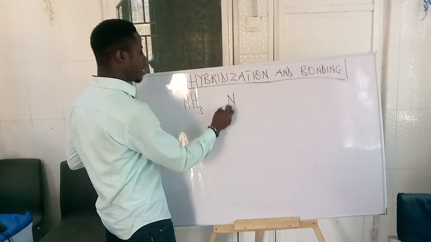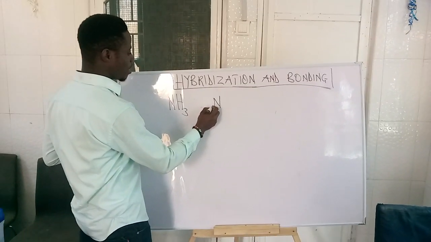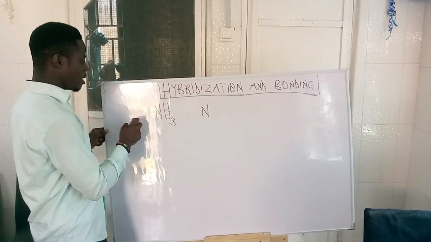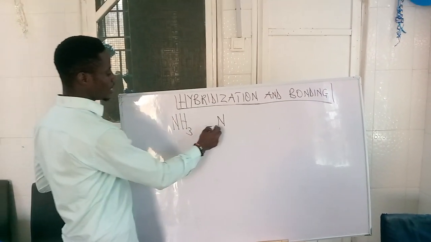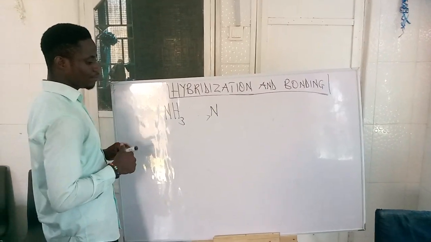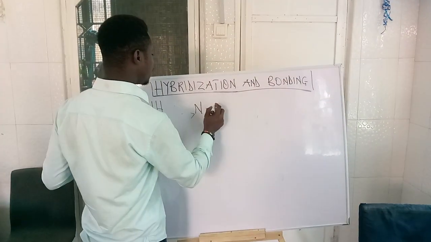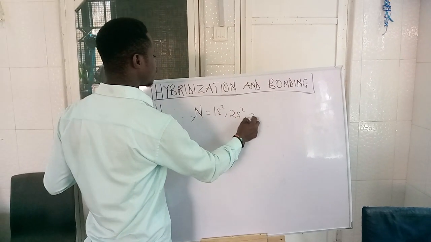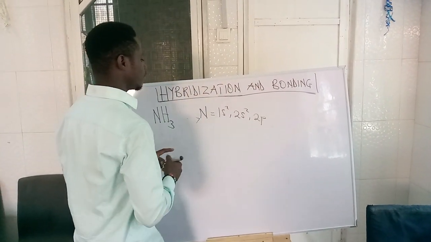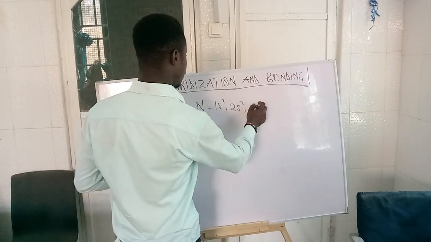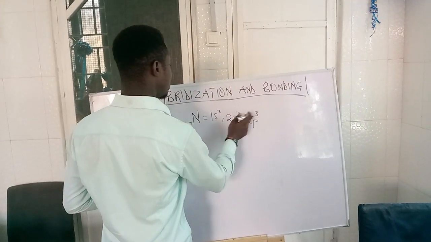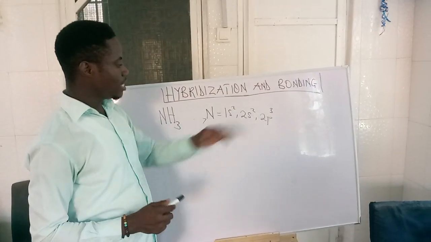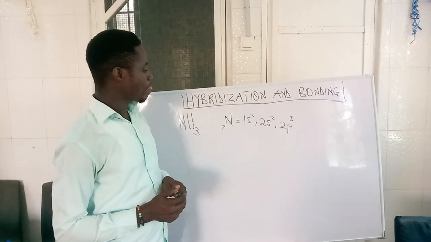The central atom here is nitrogen, and nitrogen belongs to group 15 on the periodic table. It has atomic number 7. So if you want to write the configuration, it's going to be 1s2, 2s2, then 2p3. 2 plus 2 plus 3 is 7. So this will be the configuration for nitrogen.